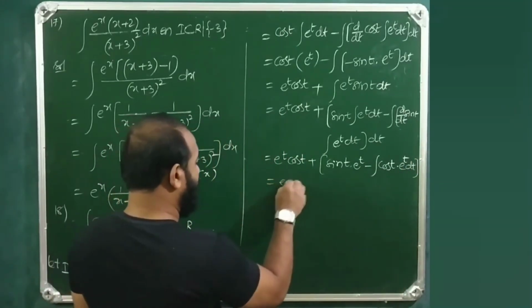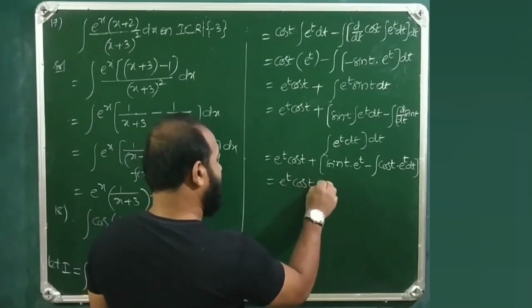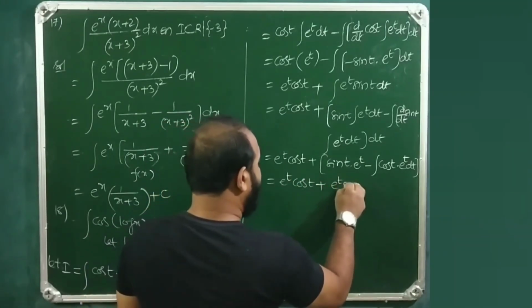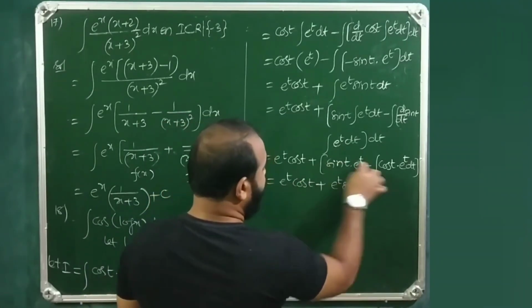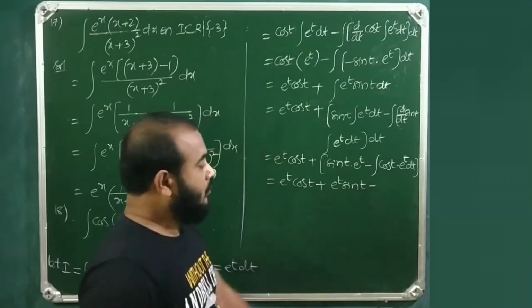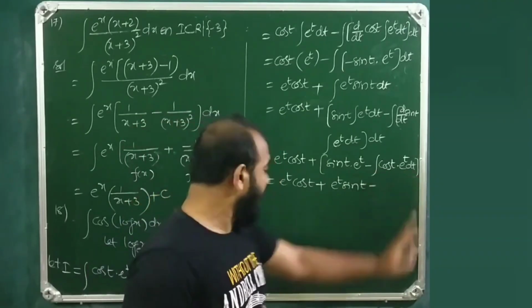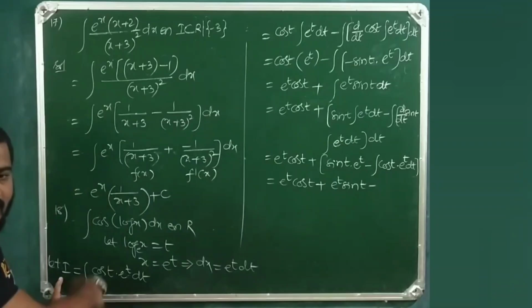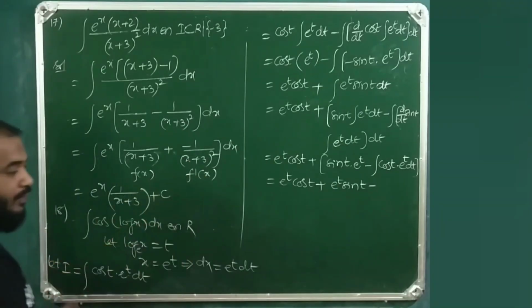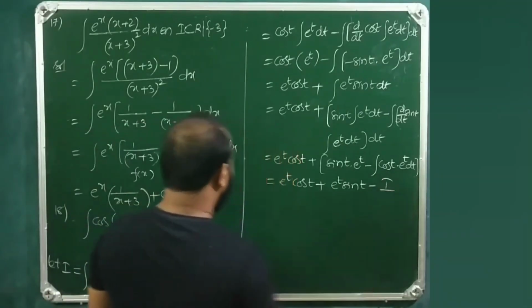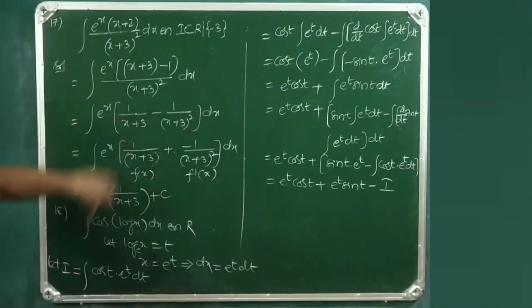So this is equal to e power t cos t plus e power t sin t, plus into minus is minus. So integral e power t cos t dt we have treated as I. So again it has been repeated. Therefore this is I.